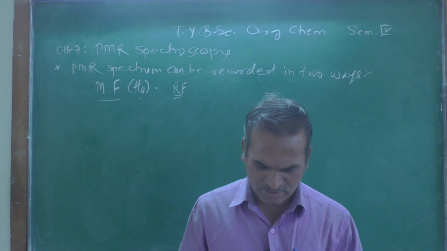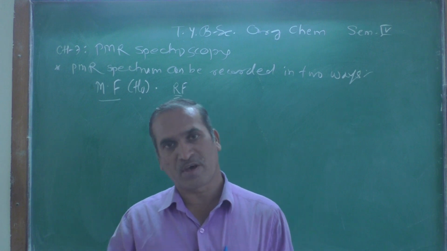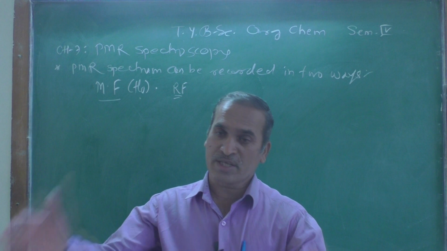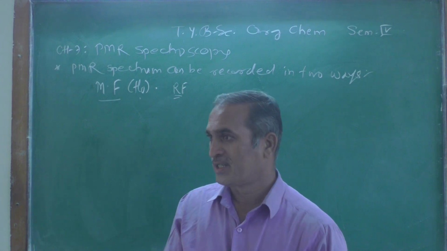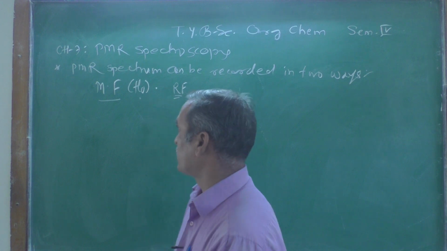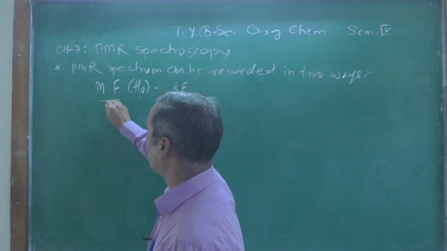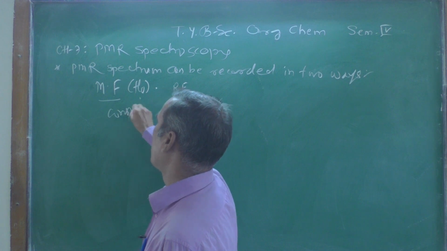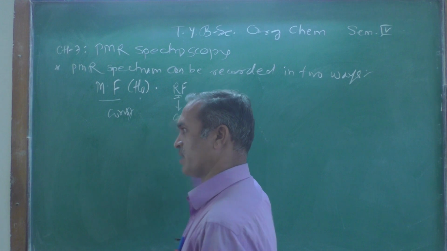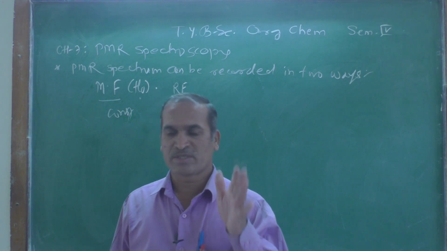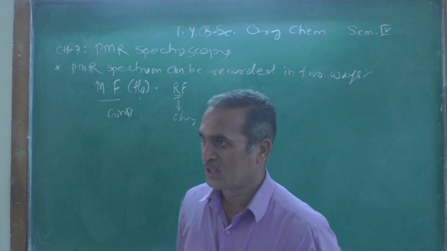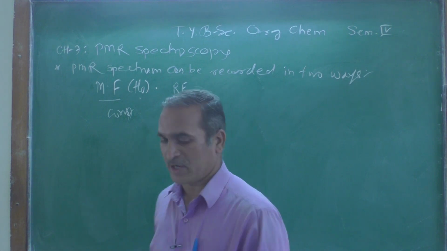Different protons in a molecule absorb at different frequencies. This is one way of recording the PMR spectrum, by keeping the magnetic field constant and changing the radio frequency.